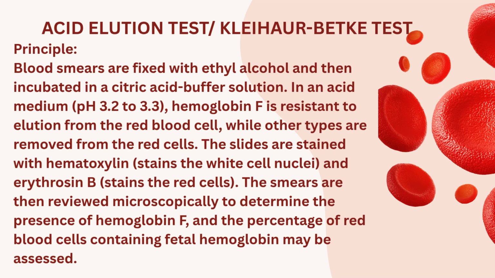The slides are stained with hematoxylin and erythrosin B. Hematoxylin stains the white cell nuclei and erythrosin B stains the red cells. The smears are then reviewed microscopically to determine the presence of hemoglobin F, and the percentage of red blood cells containing fetal hemoglobin may be assessed.